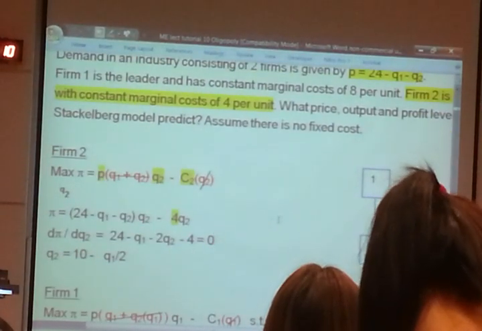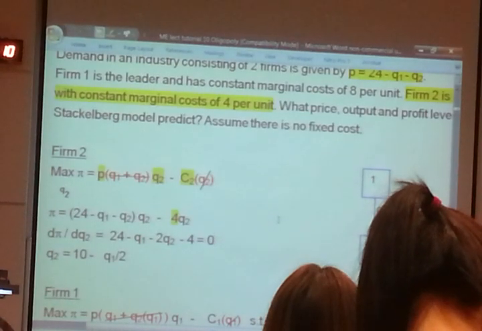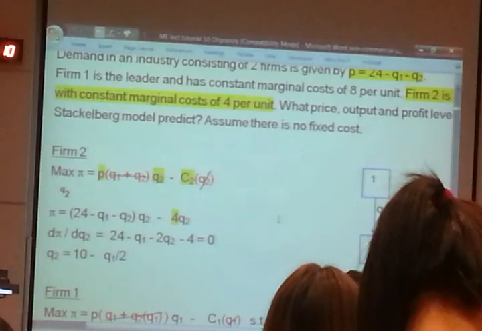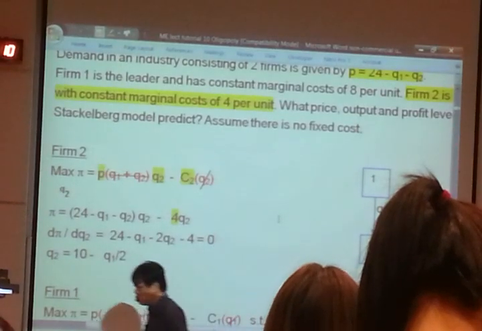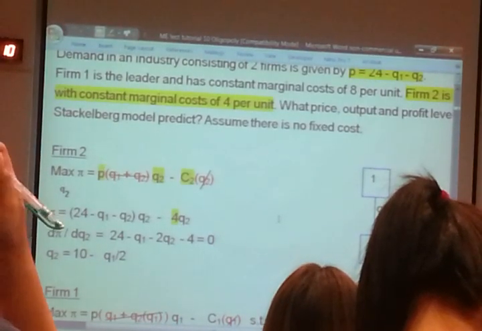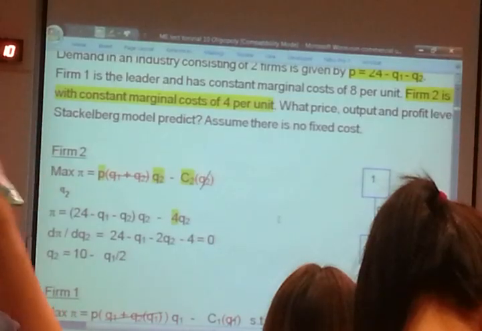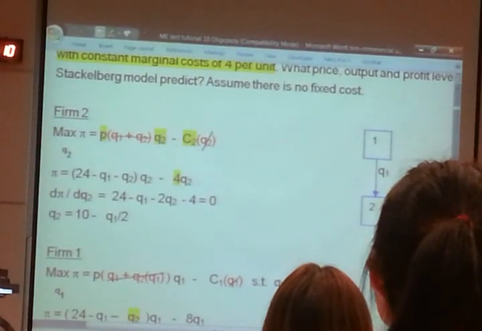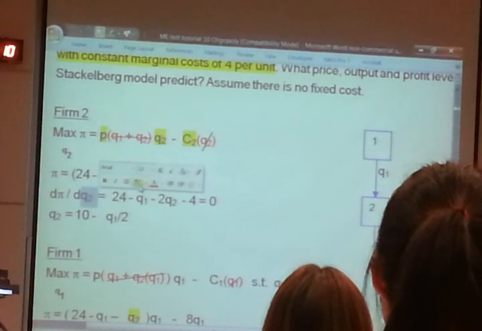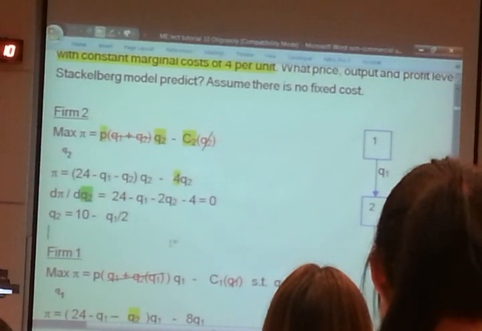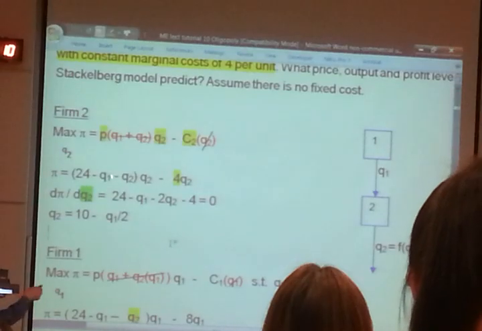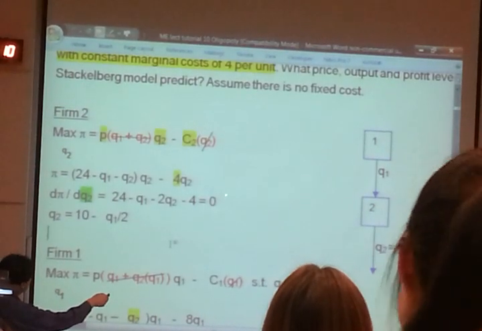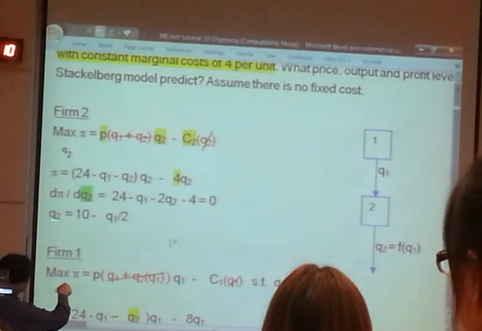Now, how to find the optimal quantity? We first maximize profit. So if you are deciding on what quantity to produce, therefore you define it. Okay. So if you differentiate this with respect to Q2 and set it to 0, therefore Q2 is this amount.